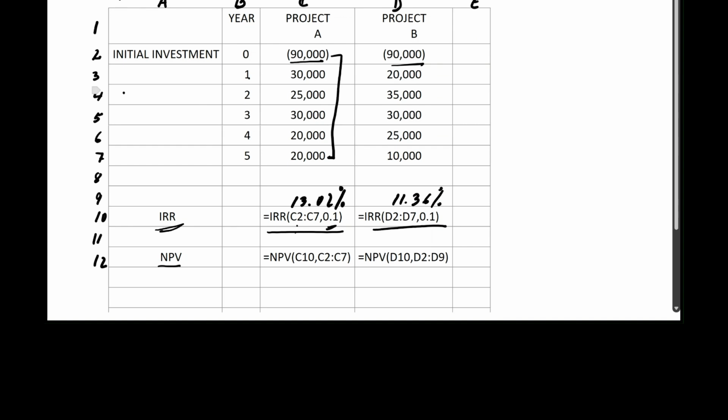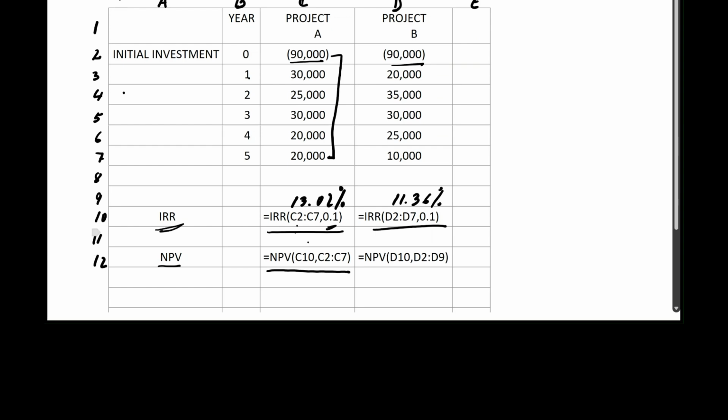Now, once you get the IRR, it's not even necessary to calculate the NPV, but as proof, you use the NPV formula where you put C10, which is the IRR.